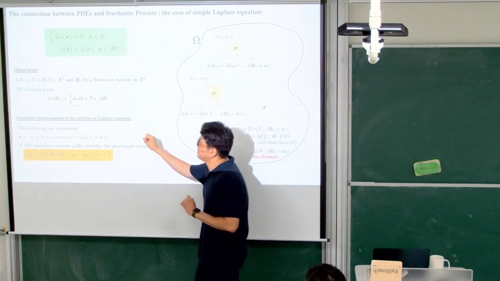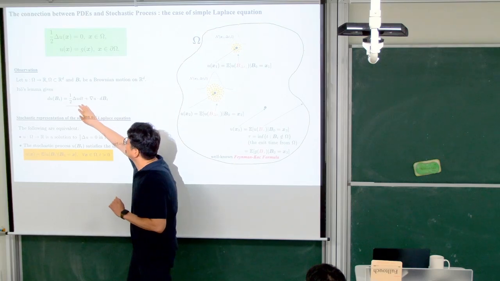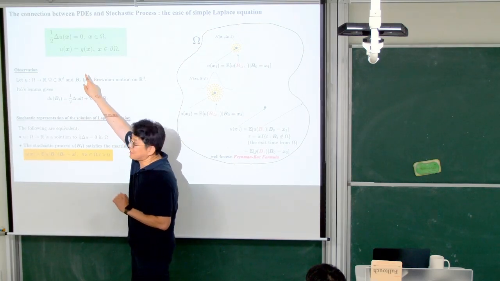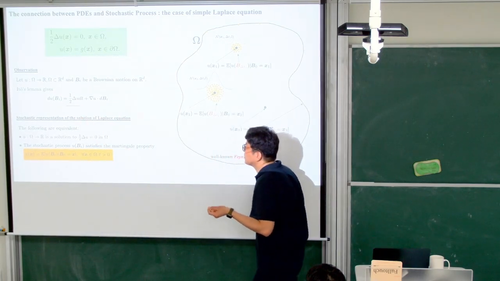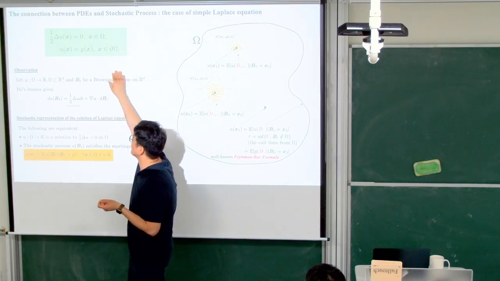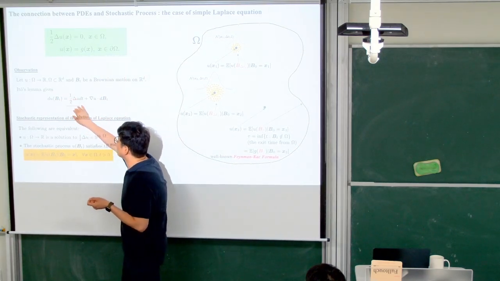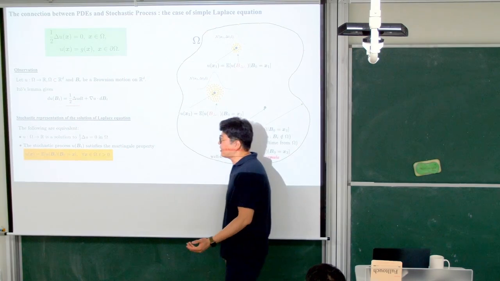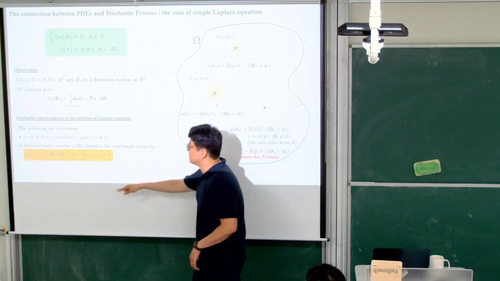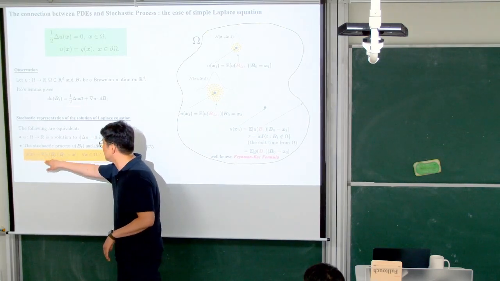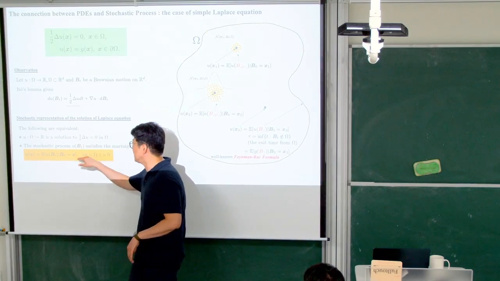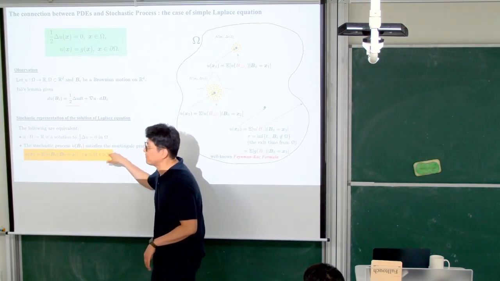As you see, the drift term contains the Laplace operator. So if u is a solution of this equation, then the drift vanishes and this process is a martingale. From the martingale property, we have a stochastic representation of the solution: u of x is the expectation of u of V_t given V_0 equals x. This is satisfied for any time t.